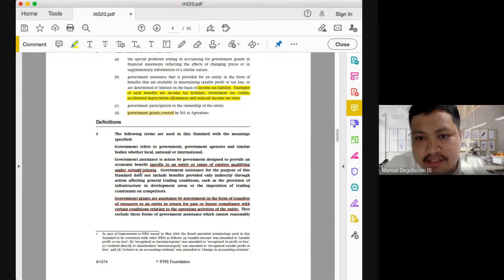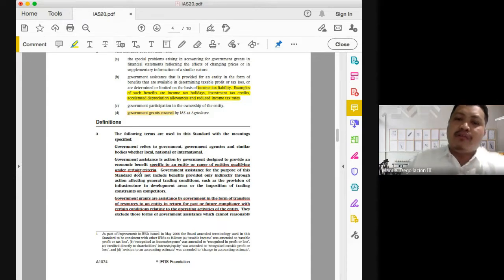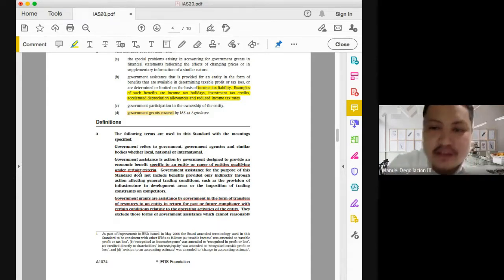Government assistance is action by government designed to provide an economic benefit specific to an entity or range of entities qualifying under certain criteria. Okay, so the important word here, class, is specific. Okay, specific to an entity or range of entities, class. Okay, it does not have to be one entity that is eligible only. It may be multiple entities, class, so long as there is a range set by certain criteria, class.